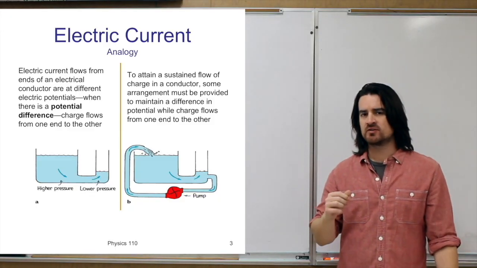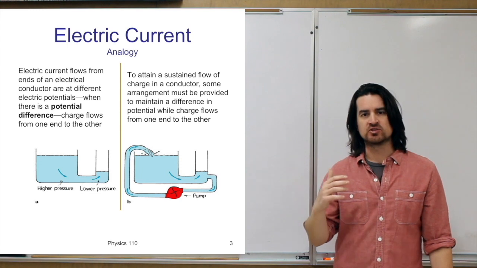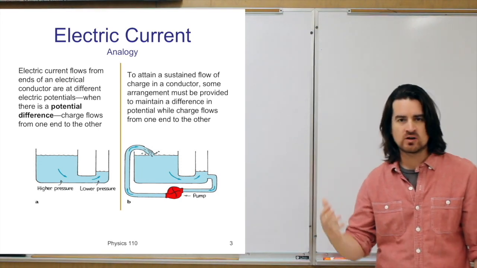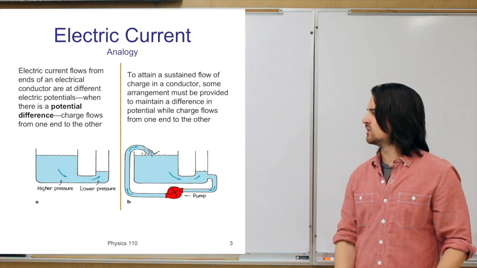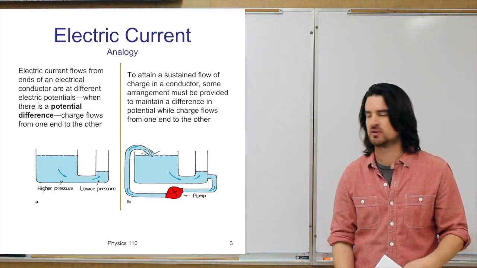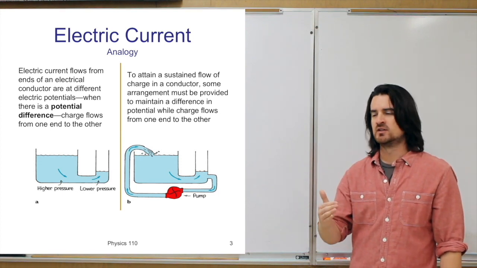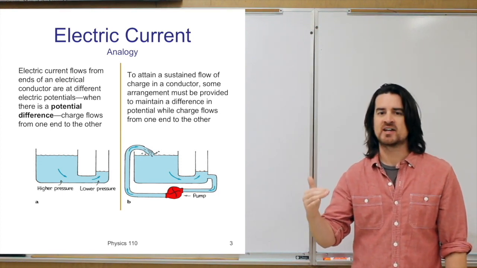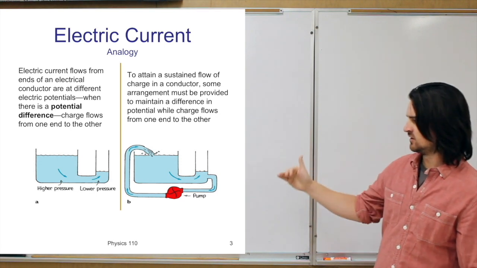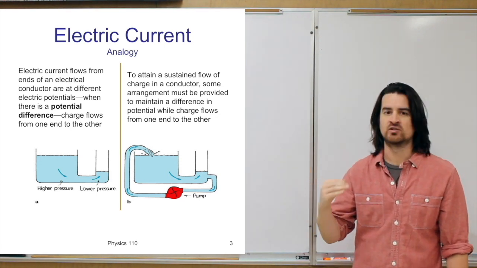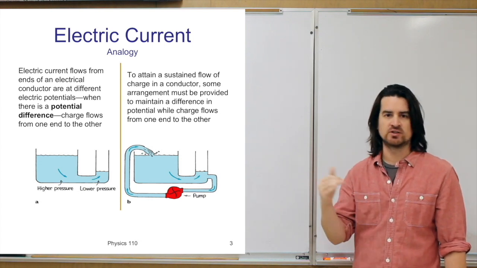We can think about electric current in much the same way as a water current. Instead of water flowing, now it's electrical charge that's flowing. Just as a water current can be caused by a difference in pressure, a flow of electrical current will be induced by a difference in electric potential, or potential difference.